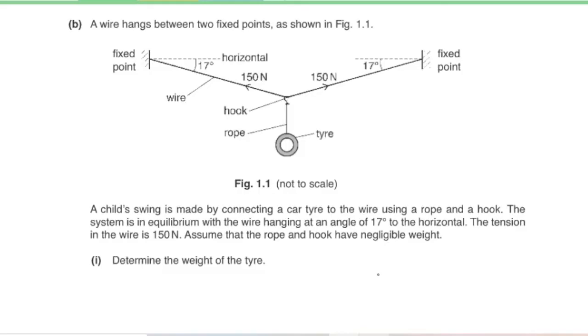Since the system is in equilibrium, the tire's weight, which acts downwards, must be equal to the sum of all the forces that are acting upwards. And the forces that are acting upwards are the vertical components of the two tensions, which are equal in magnitude.